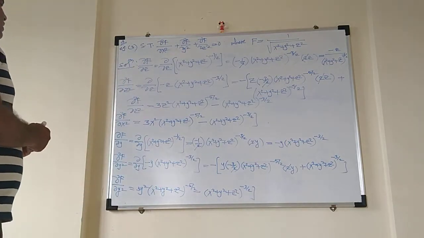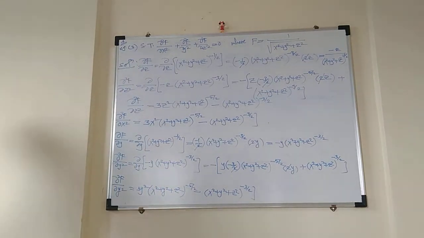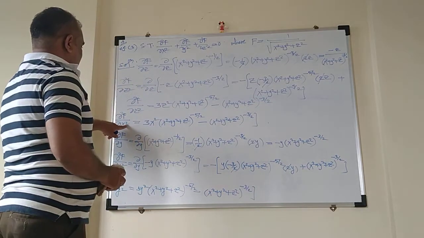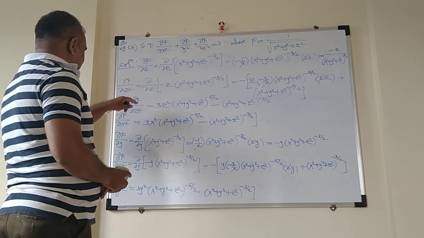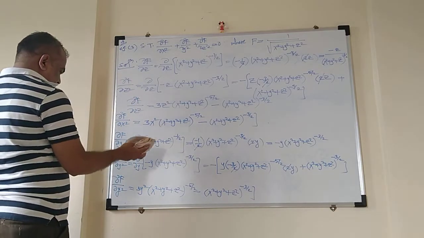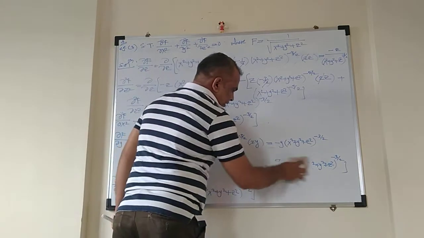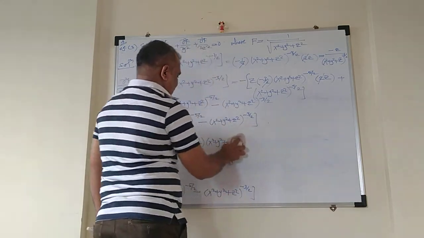Right? Now you got all the three partial derivatives of the function with respect to x, with respect to y, and with respect to z. Now let me rub out this part which is not required now, and put in the values for this.